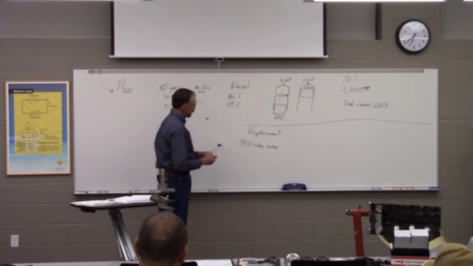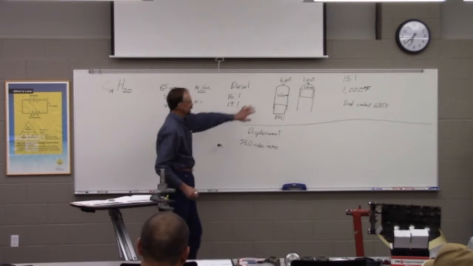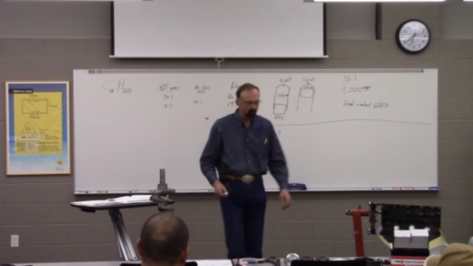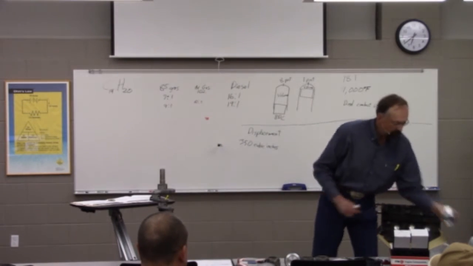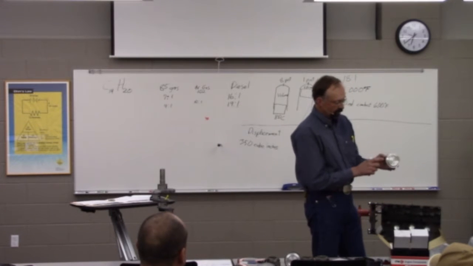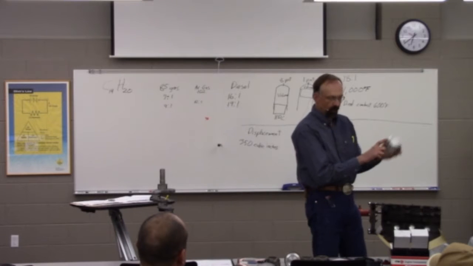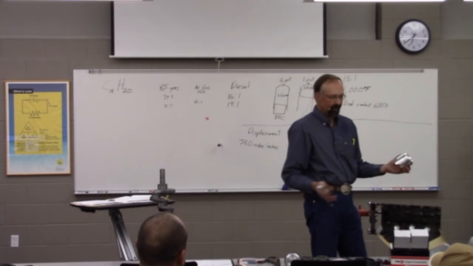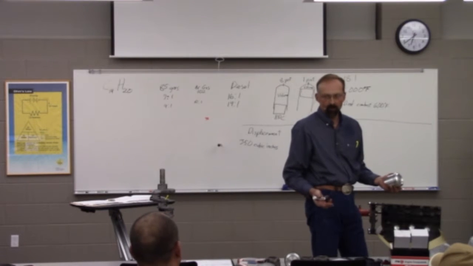Now, that displacement doesn't tell us anything about the compression ratio, but what the displacement is, we take the area of the cylinder times how far that piston moves times how many cylinders we have. So it's given us an idea how big the engine is.